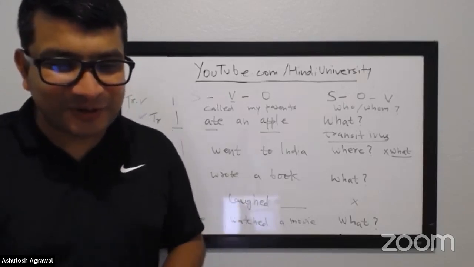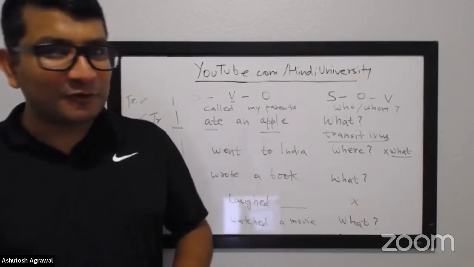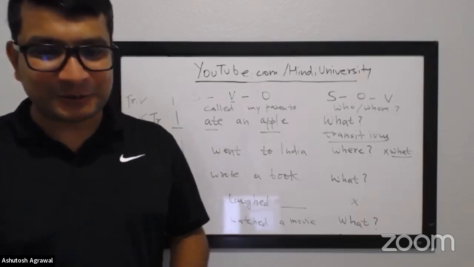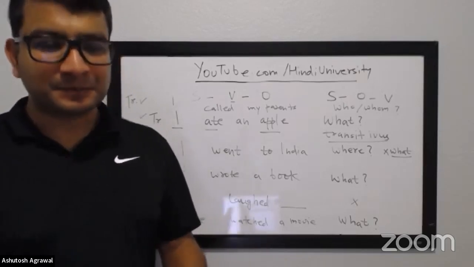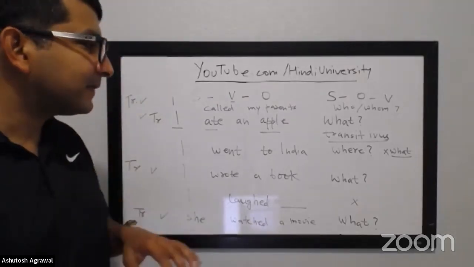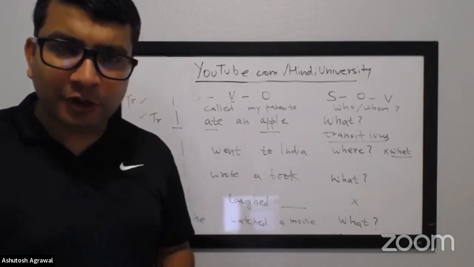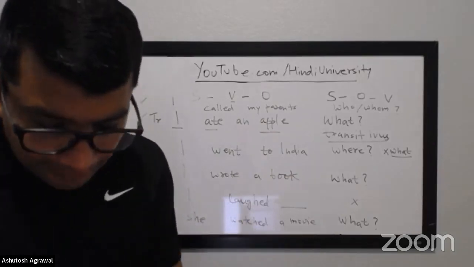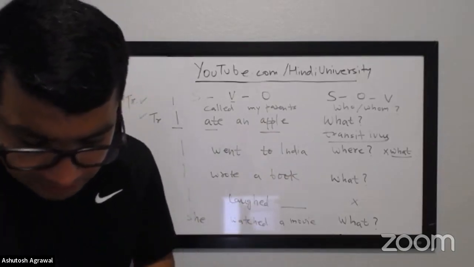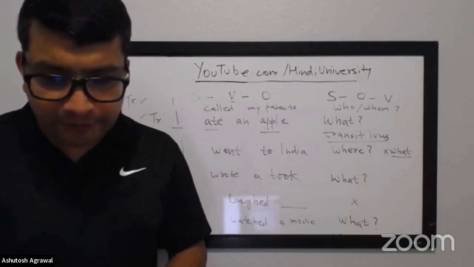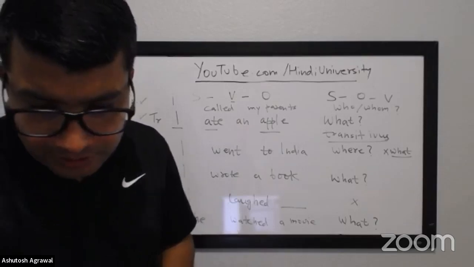I just say, I went to India, or I cooked food. In Hindi, it becomes important. So far so good? Any questions? We'll spend a good amount of time on this because it's an interesting topic and it often confuses people. Feel free to unmute and ask questions along the way.